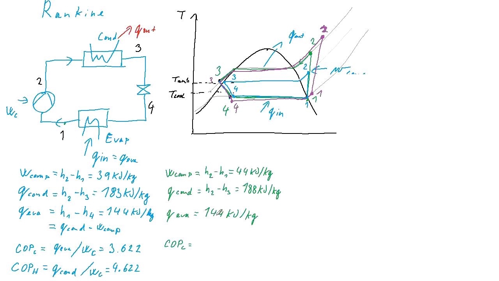Heat of the evaporator stays the same, compressor slightly higher, so from 3.6 it drops to 3.273, and COP for heating is either again from the Q condenser over work of the compressor, or we can also see that it should be value of the COP for cooling plus 1, so it's 4.273.